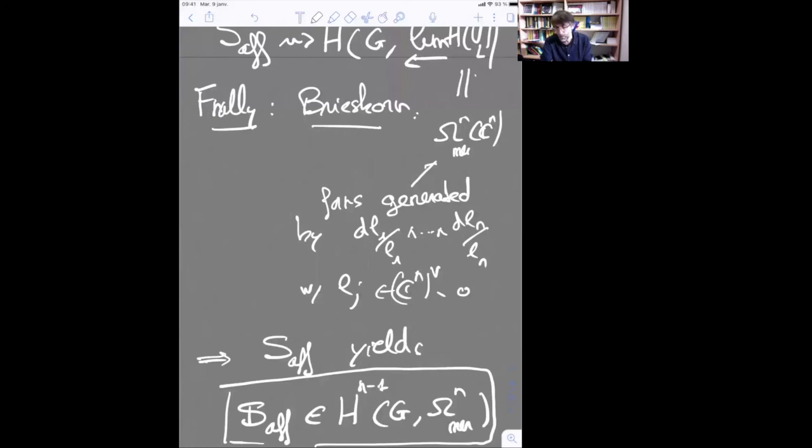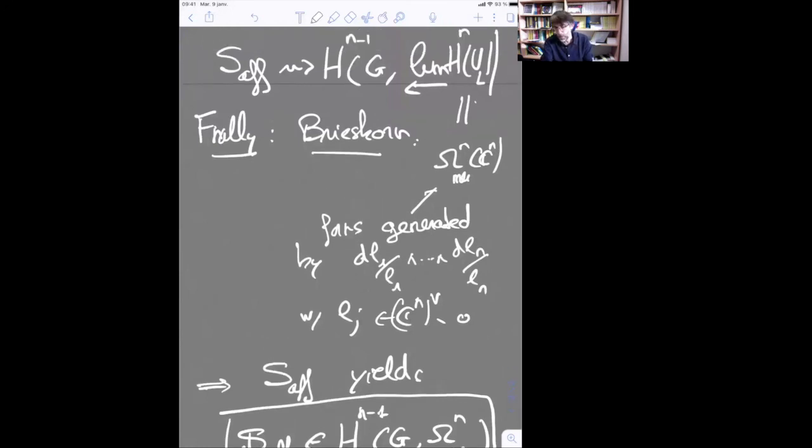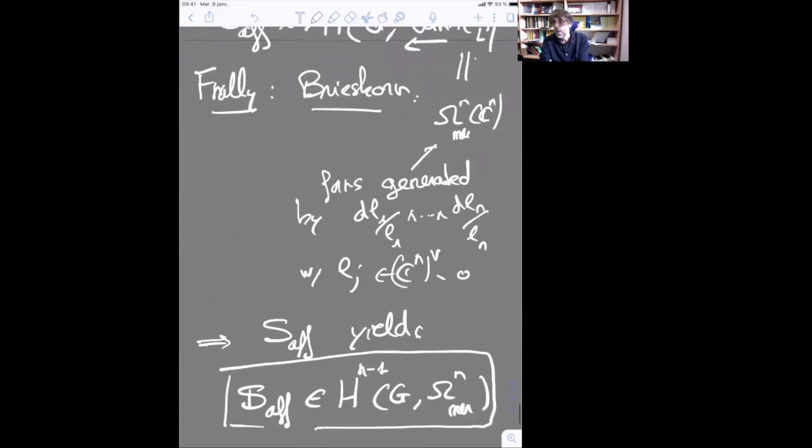And I want to stress that this is really a marvelous theorem of Bergeron, because this is what enables you to go from the topology to something which now sees really the meromorphic structure on the fiber. And so starting from a purely topological construction, you end up with a cocycle of G with values in an algebraic object, namely the meromorphic forms on C to the n.